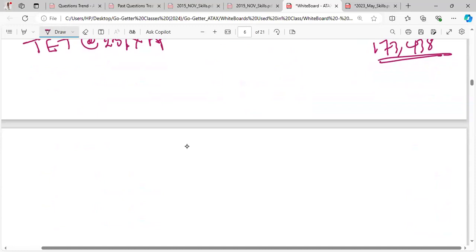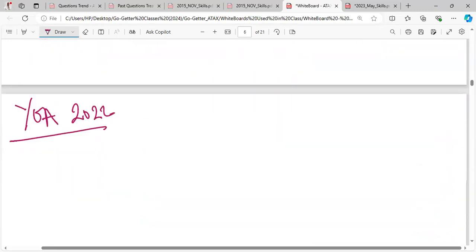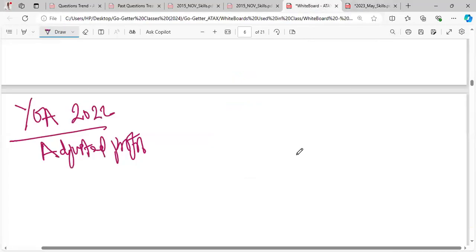You now go to the second year, year of assessment 2022. No need to put the basis period. So you will start with your adjusted profits. How much is your adjusted profits given to you? 9,300,500, right?